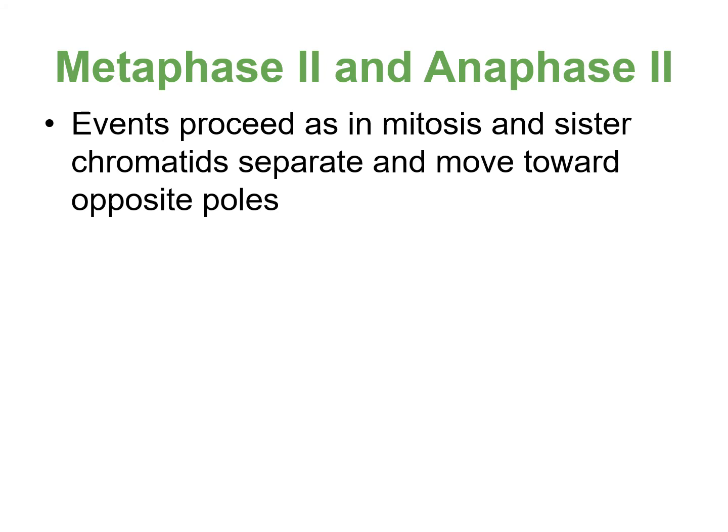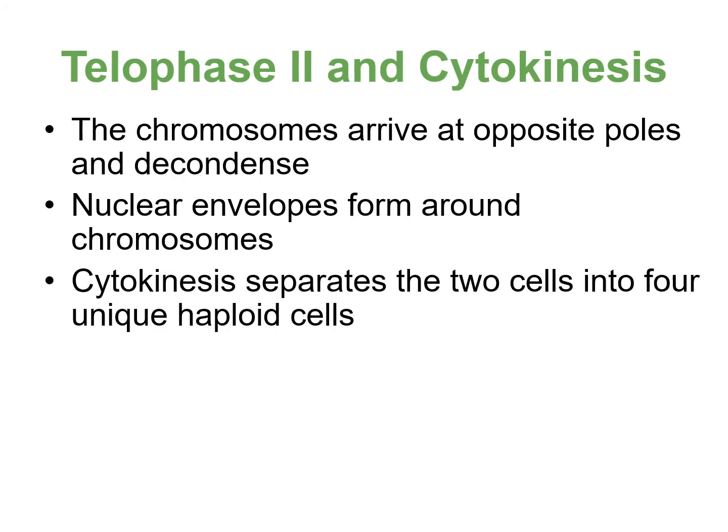Non-kinetochore microtubules are going to be responsible for elongating the cell. In telophase 2, the chromosomes are going to arrive at opposite poles and they are going to begin to decondense. The nuclear envelopes are going to form around the chromosomes, and if the parent cell was diploid, which is the most common case, then cytokinesis is now going to be responsible for separating the two cells into 4 unique haploid cells.